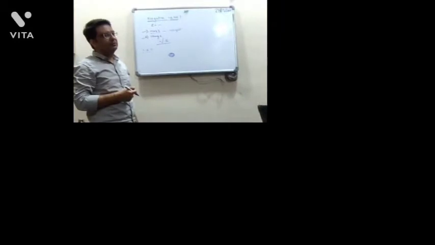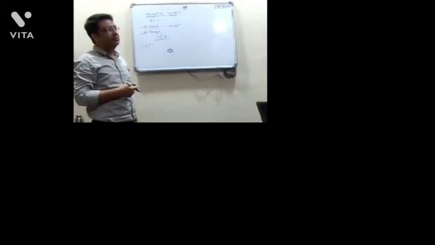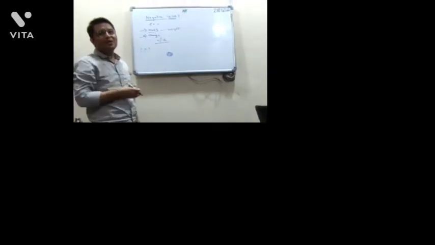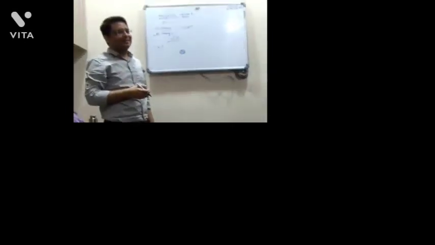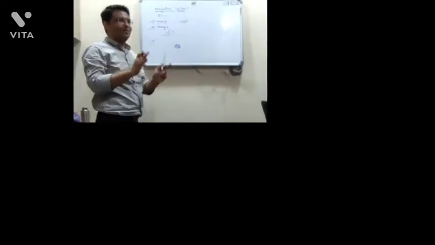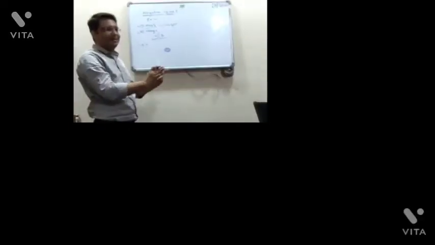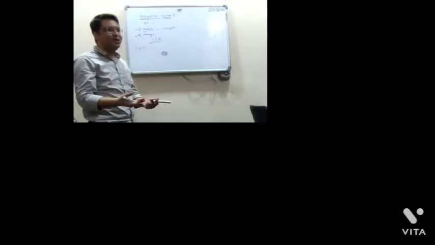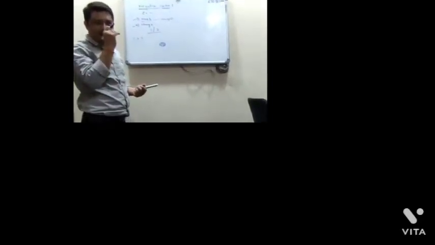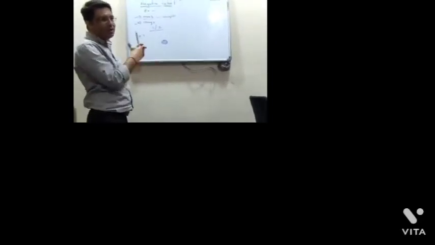Anything which has a volume inside it. You are introducing another terminology, volume. I'm asking mass. So mass is one parameter. Once you say volume, it will become another parameter. See, if you are talking about voltage, voltage is one parameter.